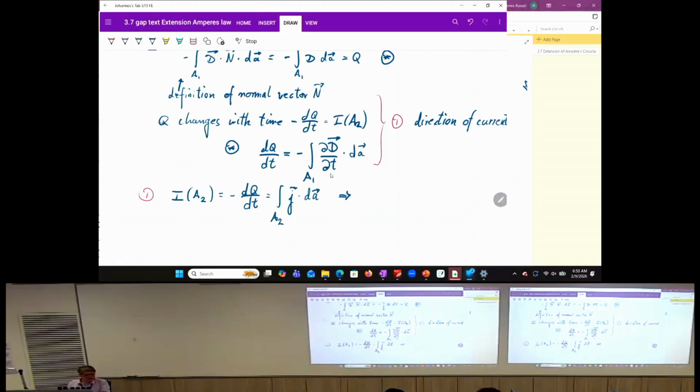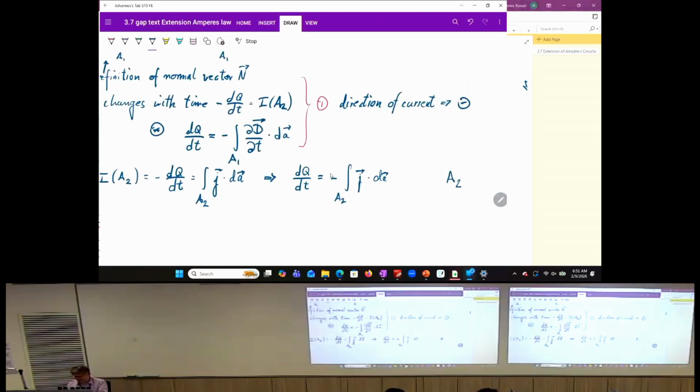Let's switch the minus sign, we bring it to the other side. The change of charge with time is minus the integral over the area A2 over the current density. So that refers to A2 here.